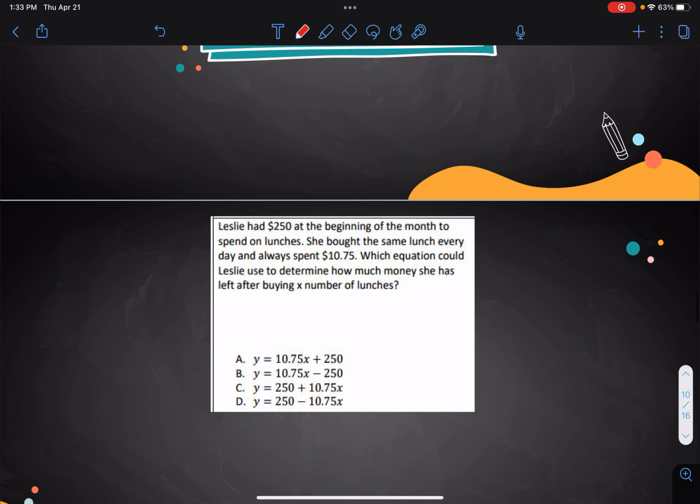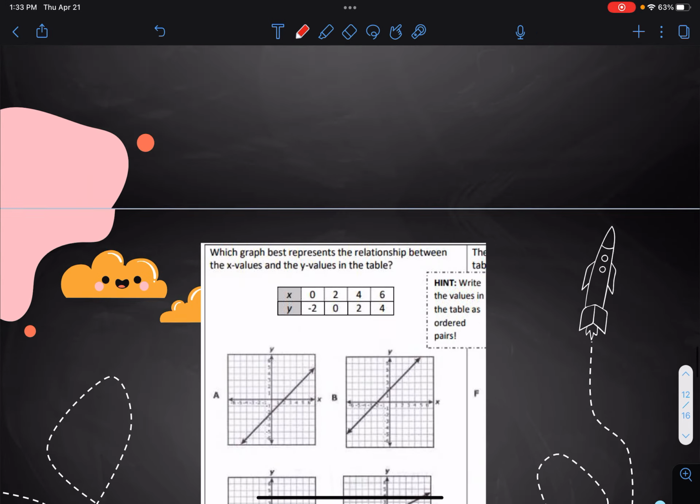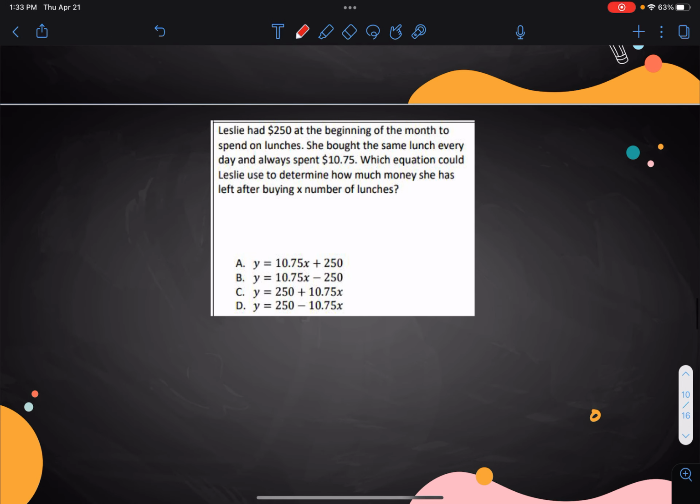You're going to go ahead and do your independent practice now. These are a little bit different. So for these, you have to see which of these equations matches the scenario. So it says Leslie had $250 at the beginning of the month to spend on lunches.